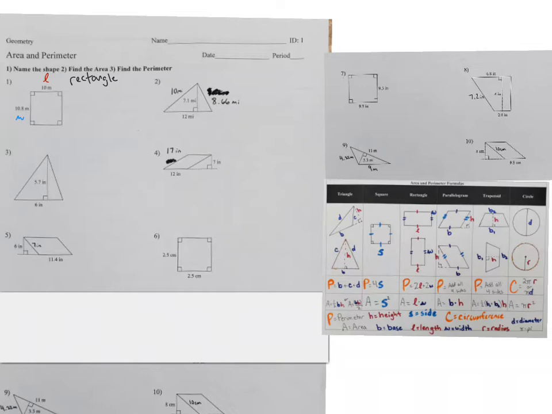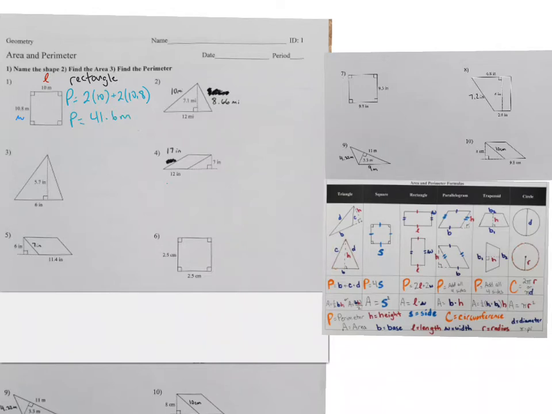So my perimeter is going to be equal to 2 times the length, so 2 times 10 plus 2 times 10.8. So my perimeter is going to be equal to 2 times 10 is 20, 2 times 10.8 is 21.6, so it's going to be equal to 41.6 meters.